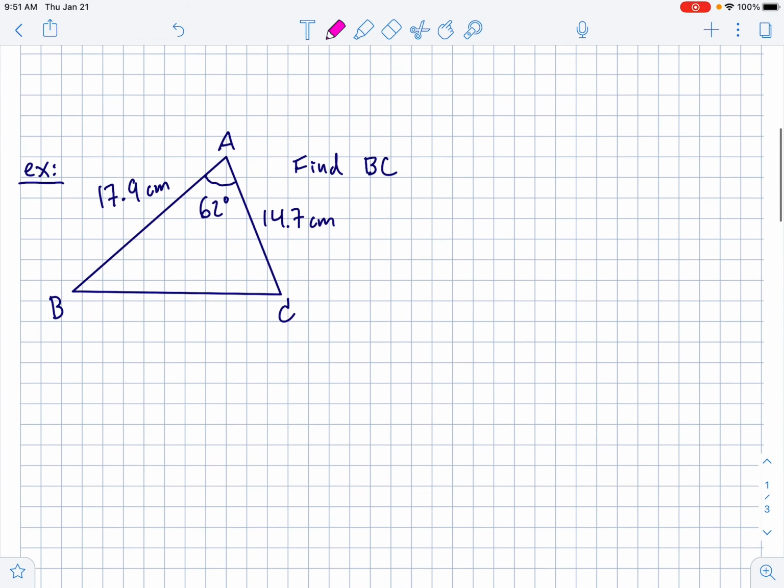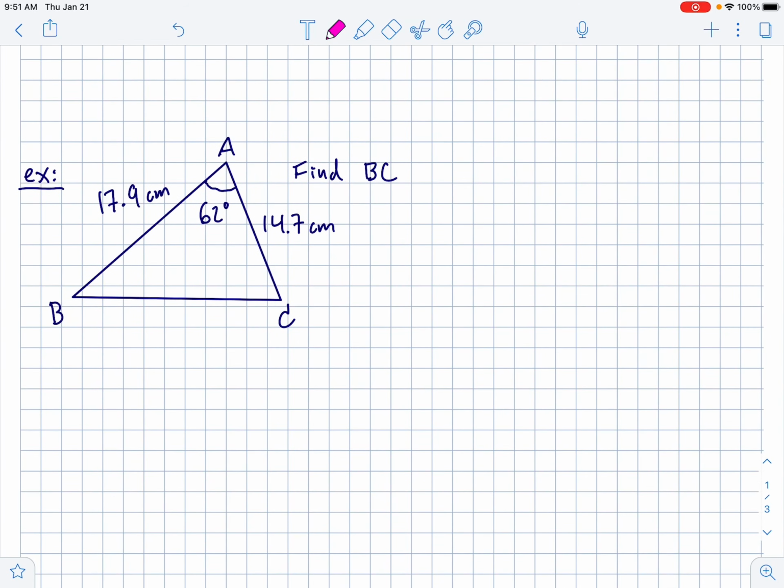Let's take it for a test drive. First up, this problem requires the law of cosines because, look, if I try to find an angle and opposite side to use the law of sines, I know this angle, but I don't know this side over here. So I can't use that relationship.